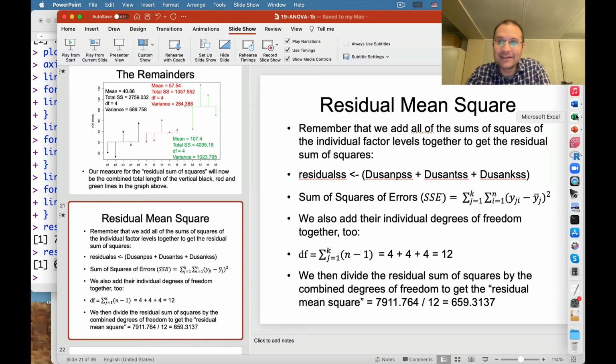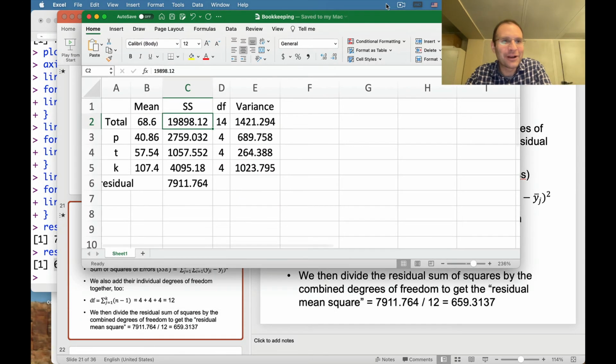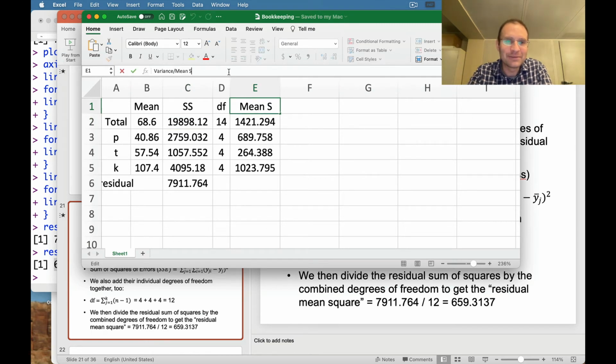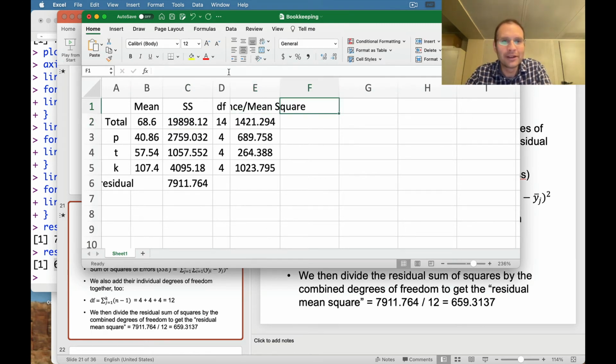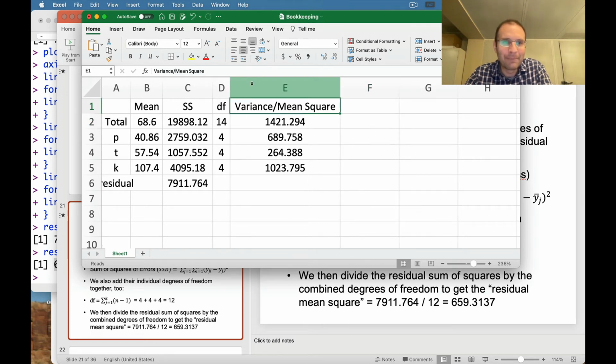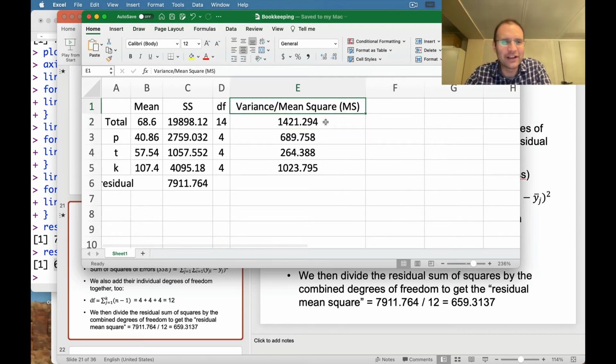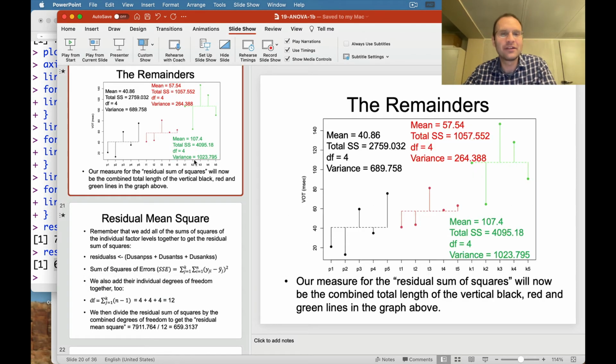But as promised, we're coming up with a new term for variance here, which is mean square, or MS. And I guess I can make this a little bit bigger. Yeah, so if you see that, that's where that comes from. And that's a nice way to think about variance as well, I think. It's just sort of the average length of these deviations in this particular case.